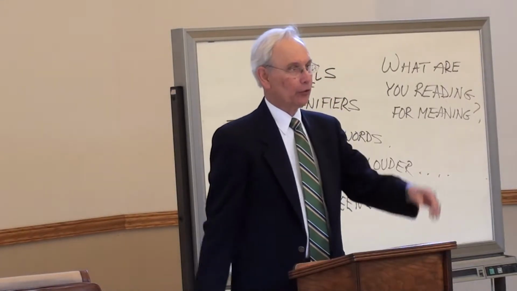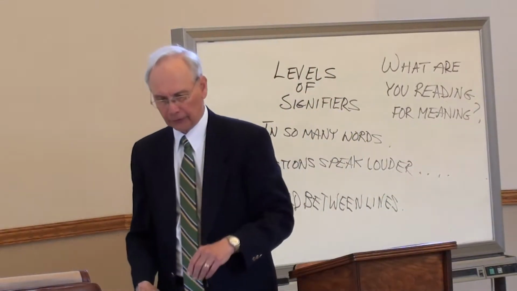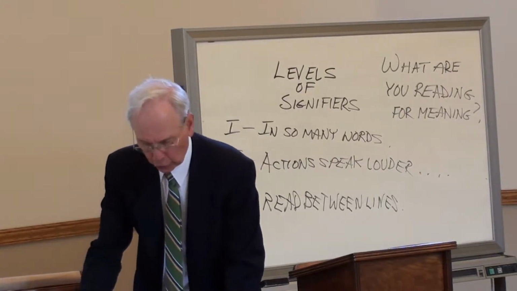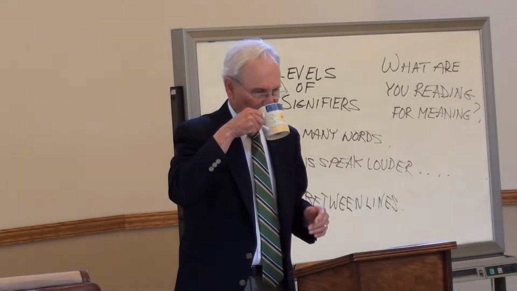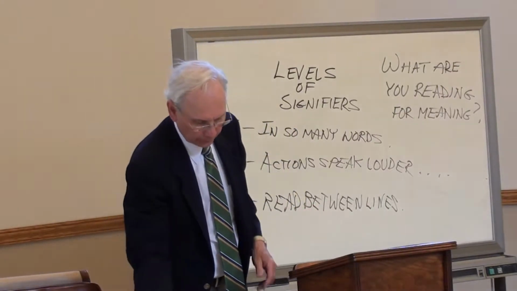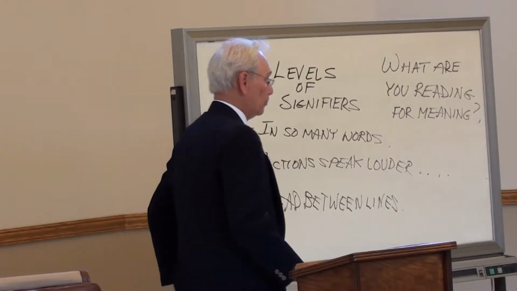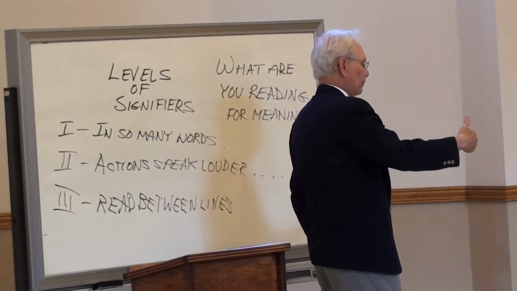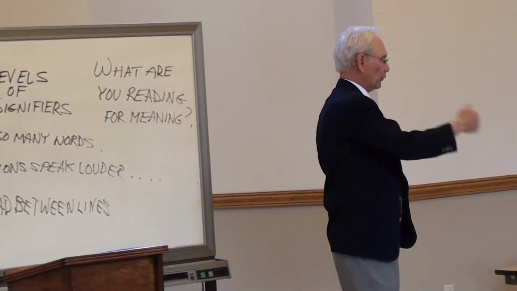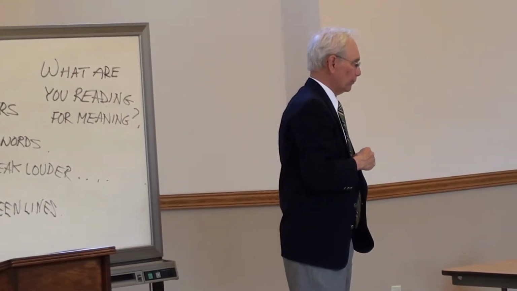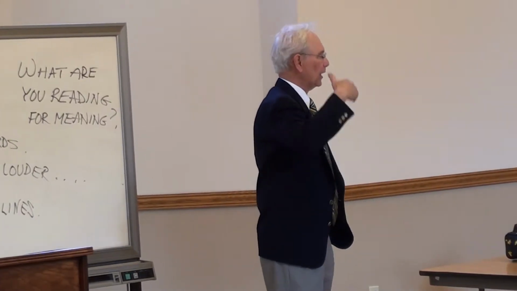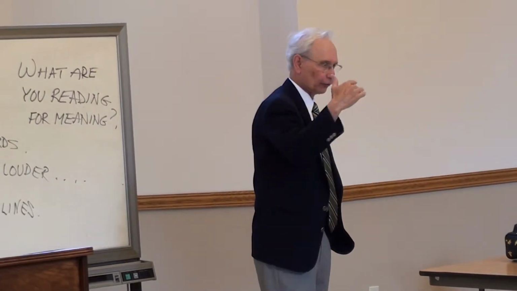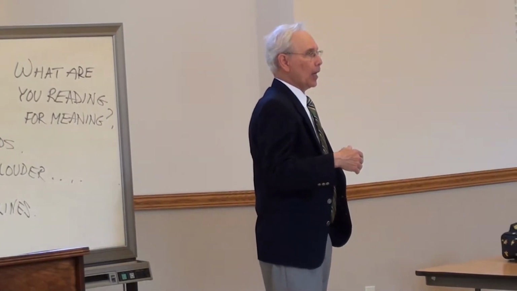Now you remember two weeks ago when we started on this, I said a good example is in the Gospel of Matthew, where he keeps saying, this happened in order that the Scriptures might be fulfilled. This happened in order that the Scriptures might be fulfilled.